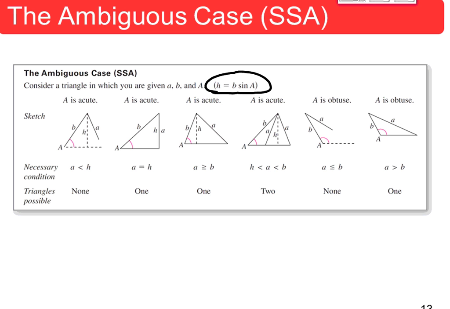Because remember, SOHCAHTOA, the sine of A is opposite over hypotenuse. So when you find b sine A, you're finding that leg that would be of a right triangle. So I'll leave you with that. You can pause it here to write that, or that is also in the book, and it'll be on the YOLA site as well.